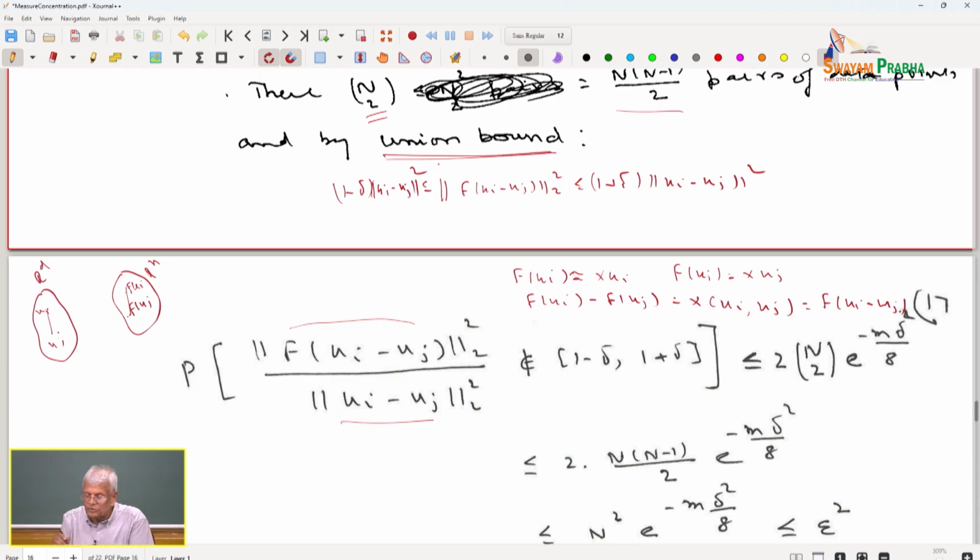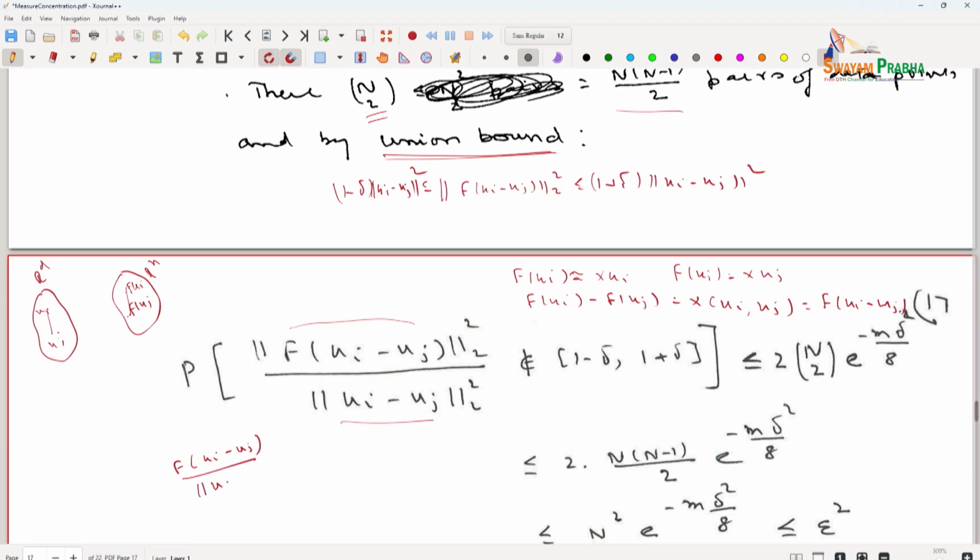So, if I divide both sides by the norm of that, what does this reduce to? That reduces to f of ui minus uj divided by ui minus uj square. That's the ratio that comes in here. So, this is exactly what this one here. So, this comes from here to here.